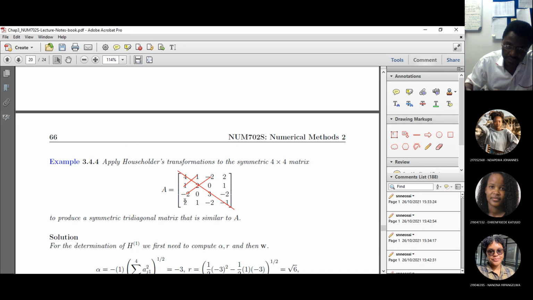And another line like this. These 2 and that 2, you see, are the same. Another line from this one to that one is the same. And finally, these 2 numbers are the same.